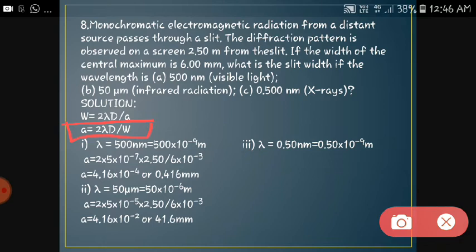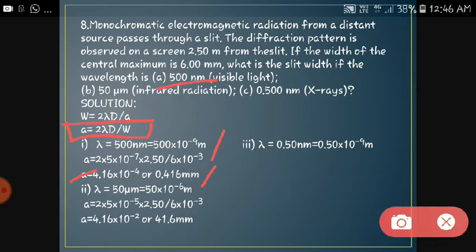For the first condition it is 500 nanometer. Converted into meter and substituting all the values, which is 2 into 5 into 10 to the power minus 7 into 2.50 divided by 6 into 10 to the power minus 3, here is the answer, 0.416 millimeter.